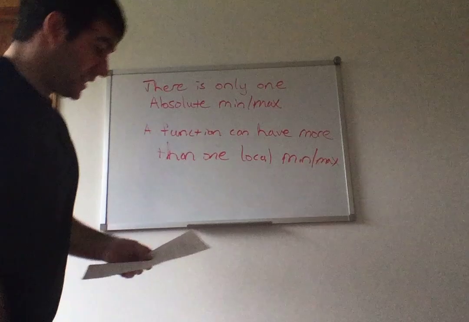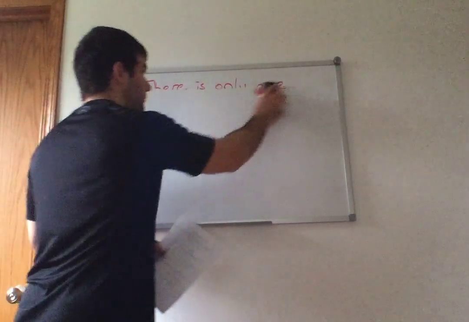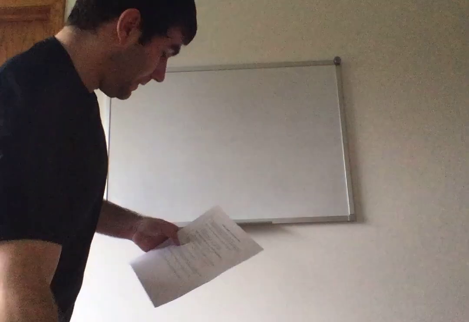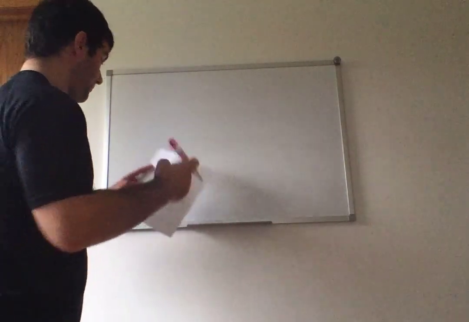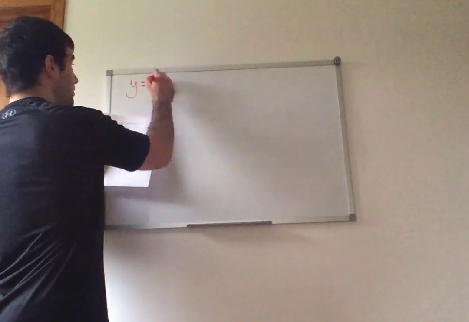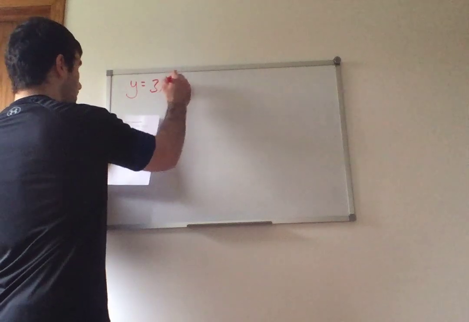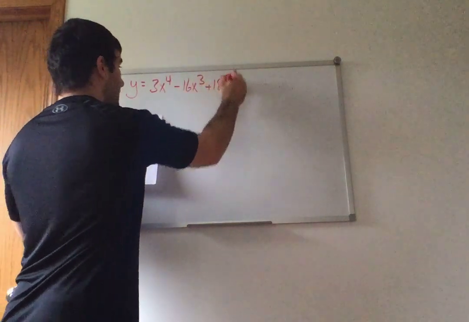Now let's go ahead and look at an example. First example I'm going to look at is a graph. It's the graph of y equals 3x to the fourth minus 16x cubed plus 18x squared.